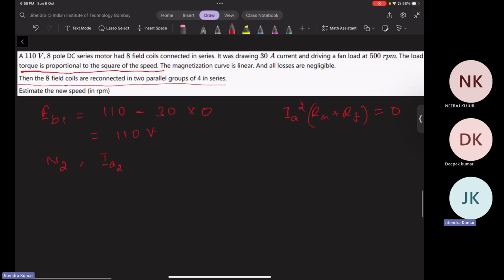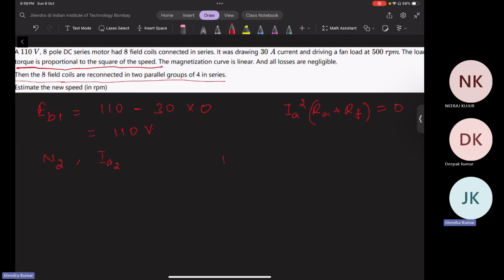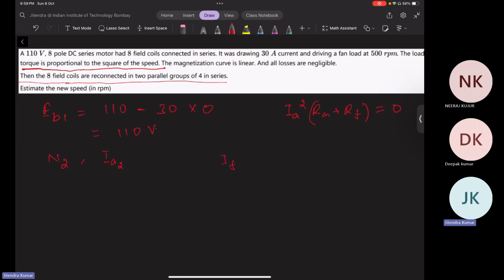Okay. So it's for sure that IF2 will be IA2 by 2. And this old flux and new flux will be, let me write it as EB2 by EB1 is equal to phi2 by phi1 into N2 by N1.